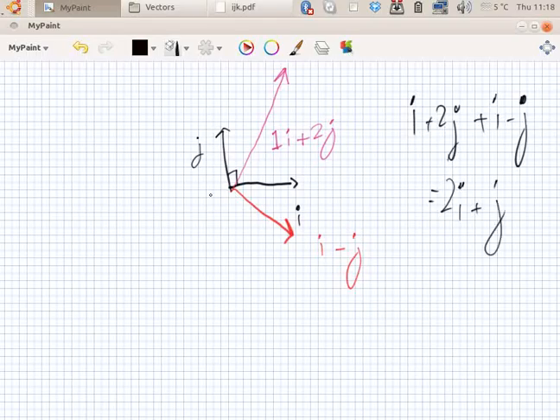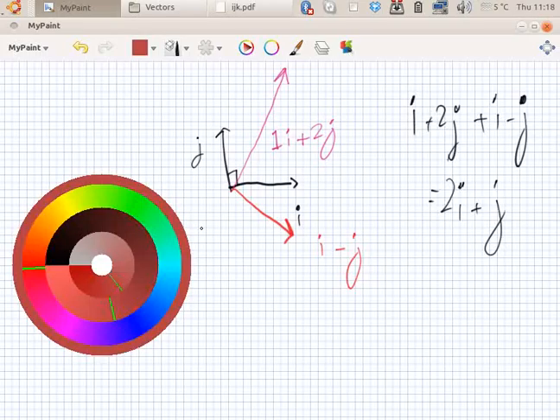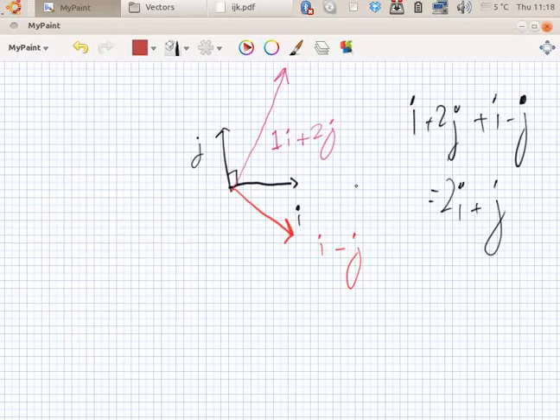So that vector there would be 2i and 1j. So in fact, if you add them together, you'll get this vector, roughly something like that. So using i and j provides a convenient way to add vectors and also to multiply them as well.